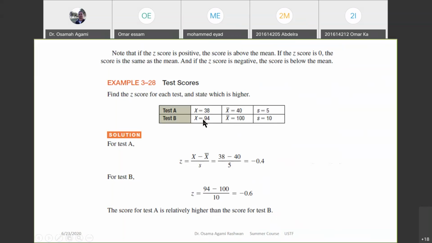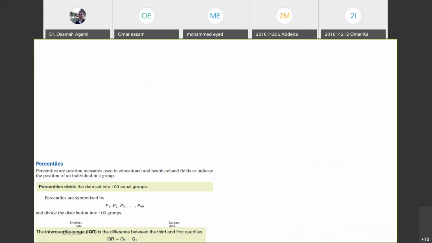Because the 38, even if it is less than 94, is closer to the mean of test A, right? This is how to use the z-scores to compare between two different sets of quantitative data.